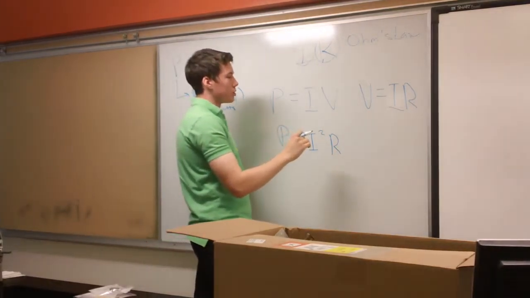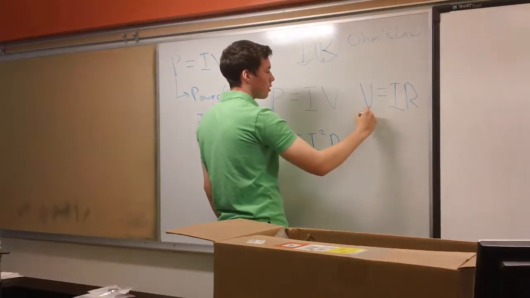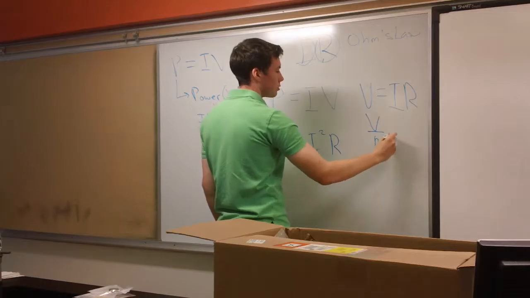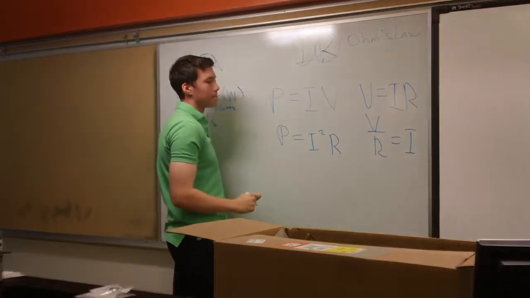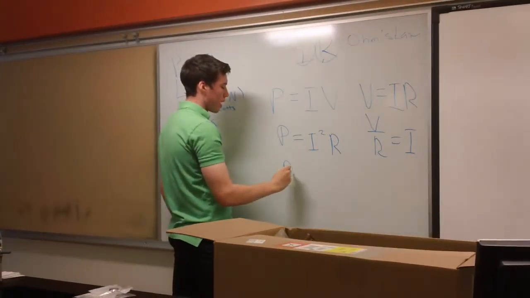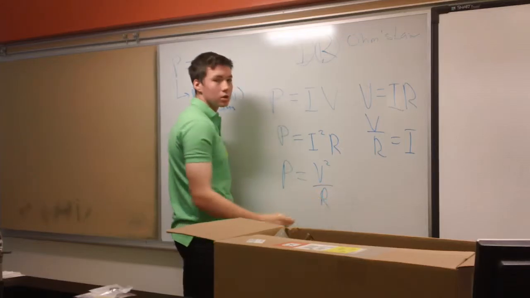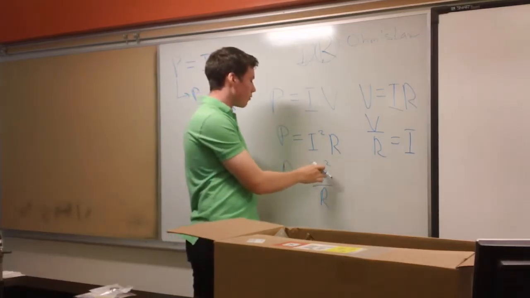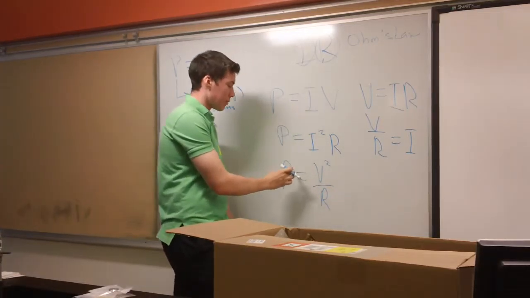What if we want to substitute, so say we do V over R is equal to I. If we substitute I back into this, what do we get? V squared over R. So power is equal to the voltage squared over R. So Hadassah, if we know the voltage, we still need to figure out what the resistance is to determine the power.